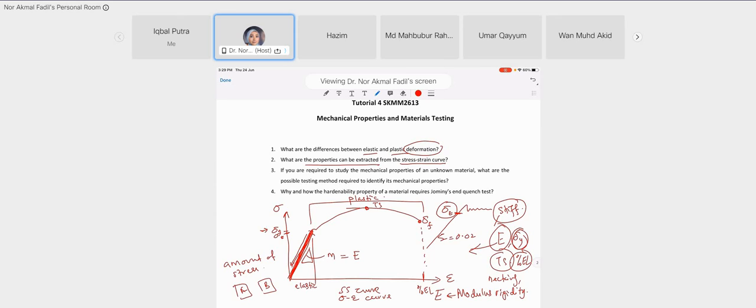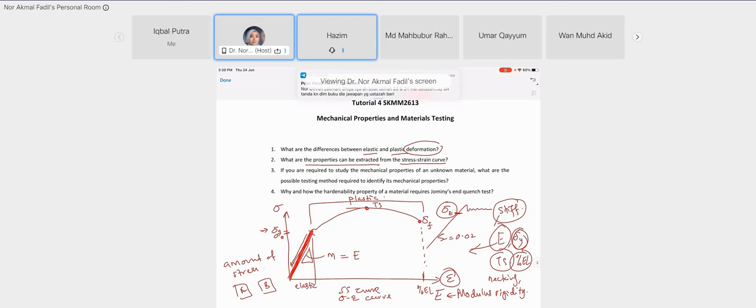Maximum strength, we call it tensile strength. Ductility, we look at the strain value. Yield strength, we get. But for the amount of stress, what is the parameter that you use? Where can you find the amount of stress in the stress strain curve?